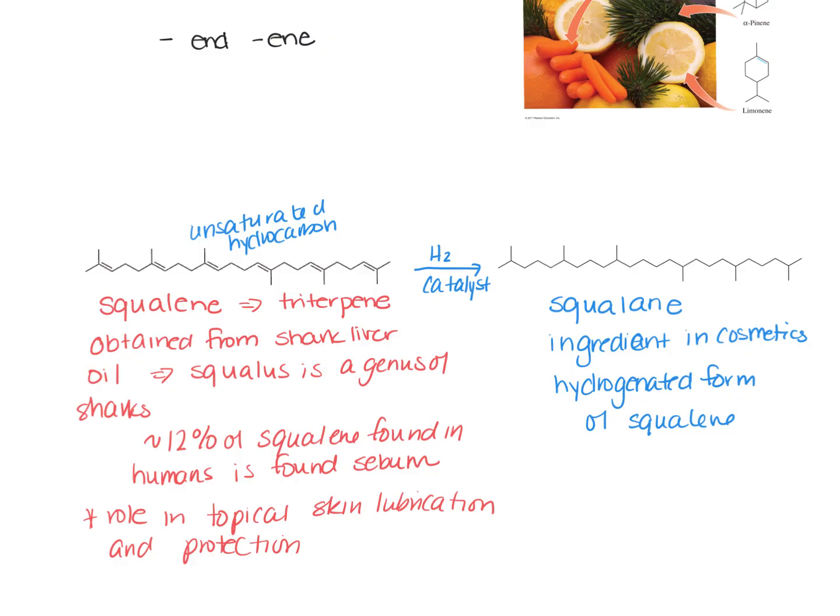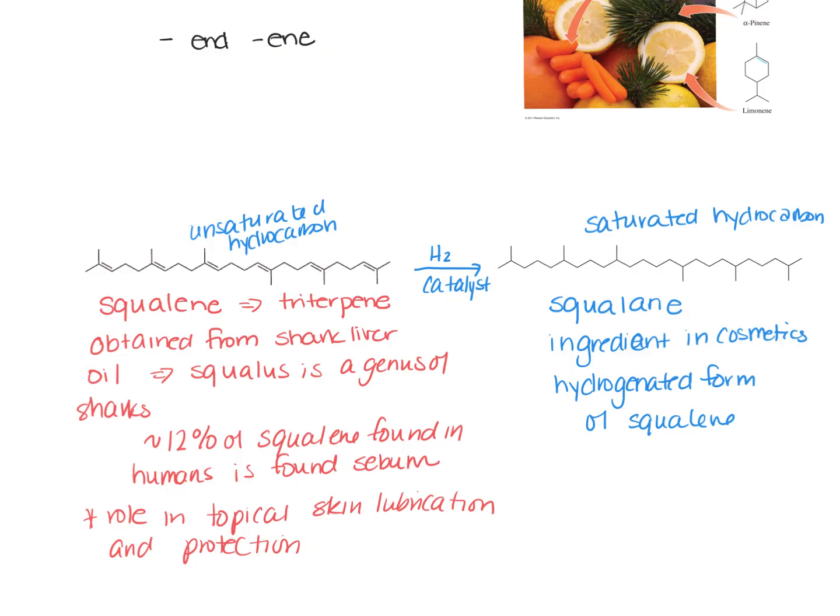When it goes through this reaction, now it is considered a saturated hydrocarbon, right? So a saturated hydrocarbon, just as a review, has all carbon and hydrogen single bonds. So we go from an unsaturated to a saturated. So if you look at your cosmetic labels, a lot of times you will see squalane as the ingredient that's used.